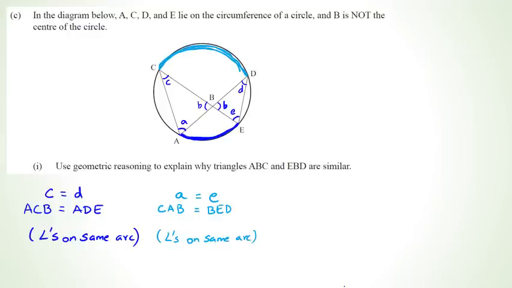And of course, I've also said that angle B, and you know how I showed you that two B's are the same? Well, I'm looking at these two angles here. So that's angle CBA equals DBE because they are vertically opposite angles.